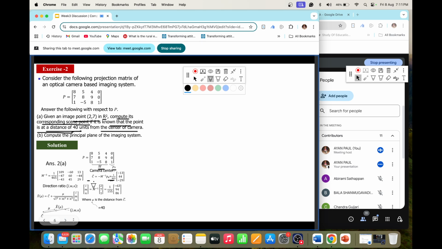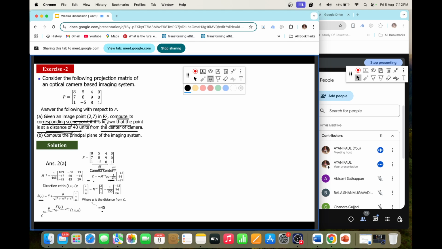How do we write this parametric equation? This 40 is the focal length, which is also given by mu. So that 40 we know, and we know the camera center. So x can be calculated as the camera center plus the focal length times the direction.